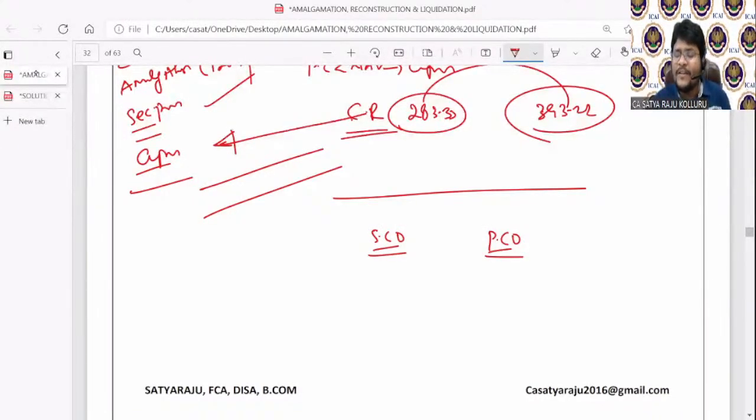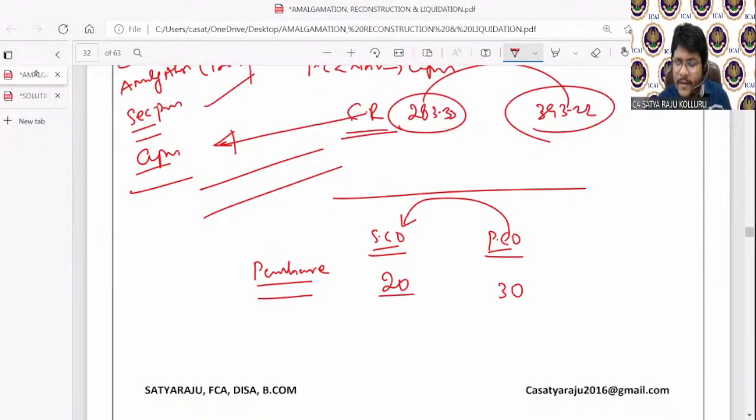If the discussion is per share basis, I mean to say, selling company per share is 20 rupees, purchasing company per share is 30 rupees. Now the purchasing company is going to issue equity shares to the selling company on the basis of this 20 rupees value. Then you can consider this as the intrinsic value method.